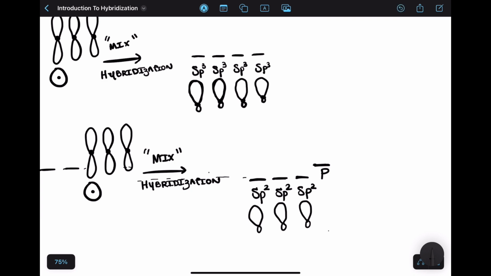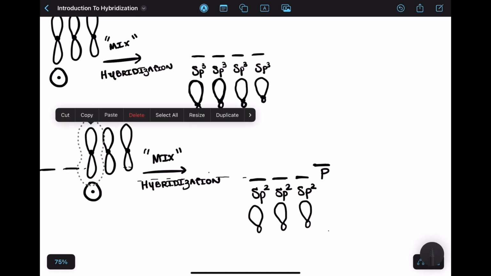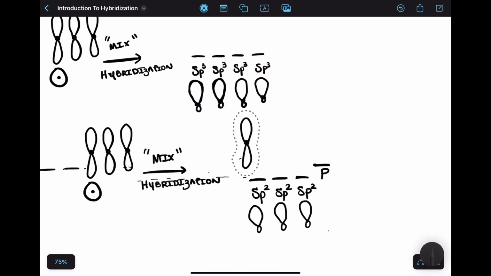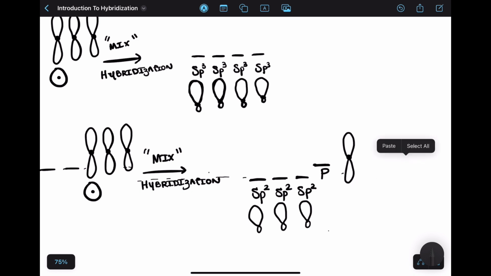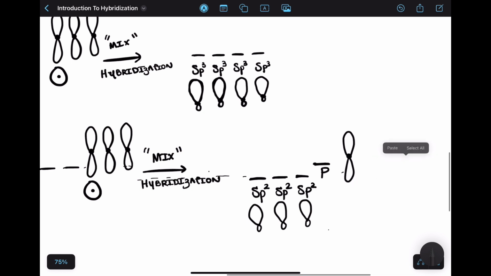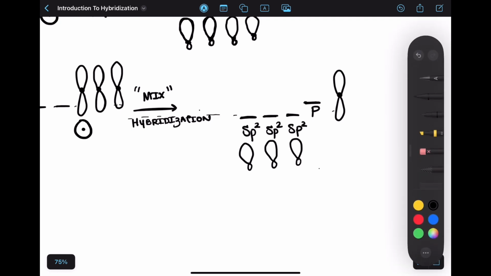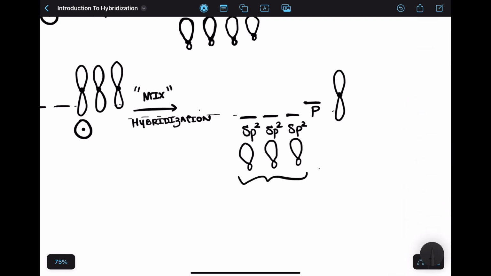And in fact, to make sure I'm staying true to the right size, I'll just copy that over and paste it over here. Right, so we have three hybridized sp2 orbitals, and then we have an unhybridized p orbital.